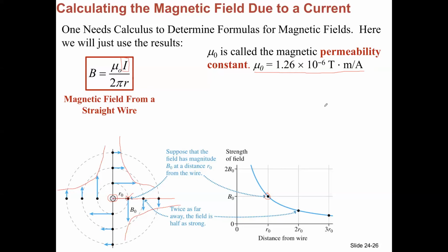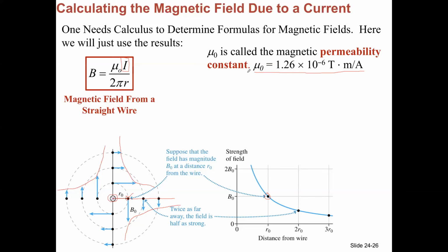So the units work out to convert the current units and the meter units into magnetic field units. So this constant has these weird units of Tesla times meters per amp. Again, just think of it like an experimental constant.